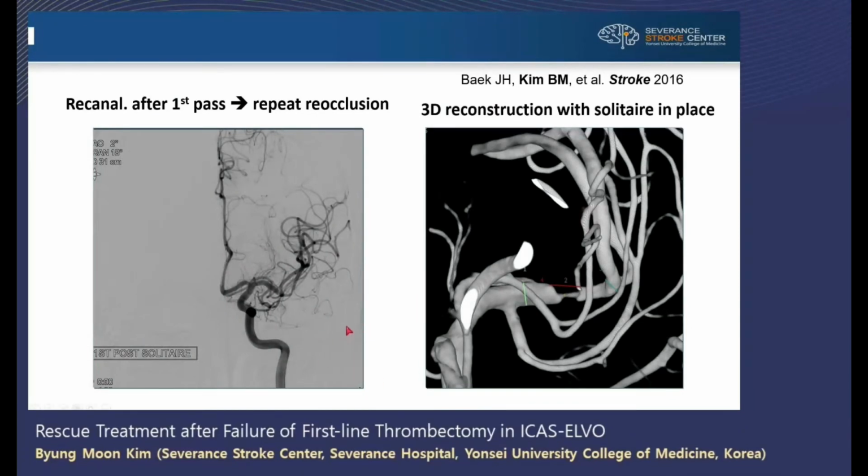Initial recanalization was achieved after the solitaire first pass, but repeat reocclusion happened. 3D reconstruction with the solitaire in situ shows a focal stenosis at the left M1 trunk, sparing the MCA bifurcation. So this is an M1 trunk occlusion.